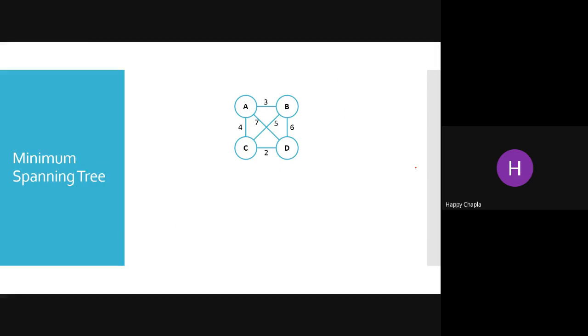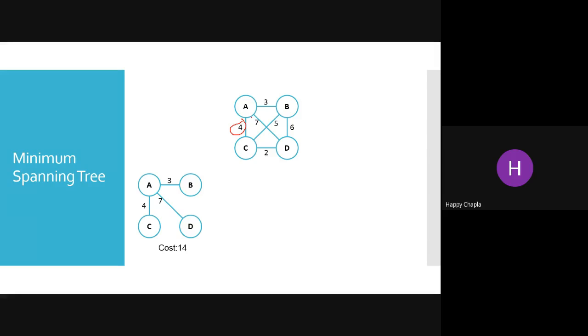Now what is a minimum spanning tree? For a minimum spanning tree, we have one spanning tree with us, but we must have some weights with us. Then and only then can we find the minimum spanning tree. Otherwise, we cannot. So if, in this graph, I want to visit A to C, then I can take weight 4.